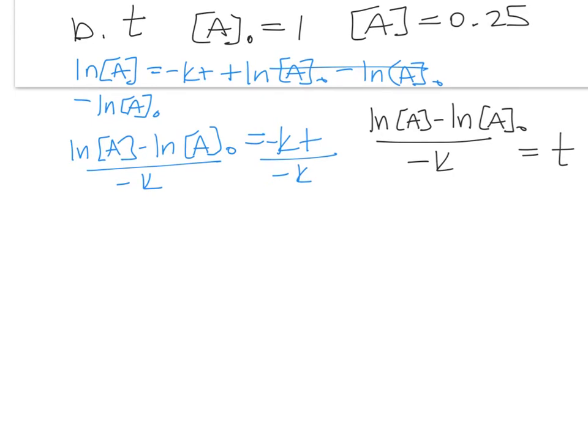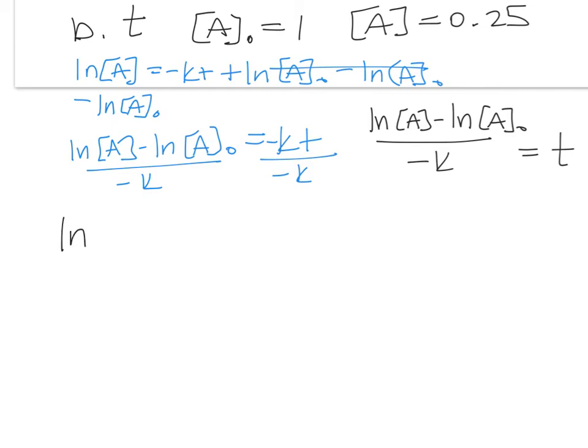Right, I'm going to plug and chug now. I know what k is. I know what A is, we're going to call it 0.25. I know what A sub 0 is, that's 1. And we will solve for t.